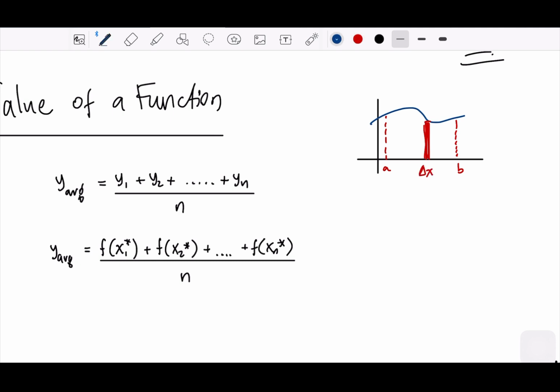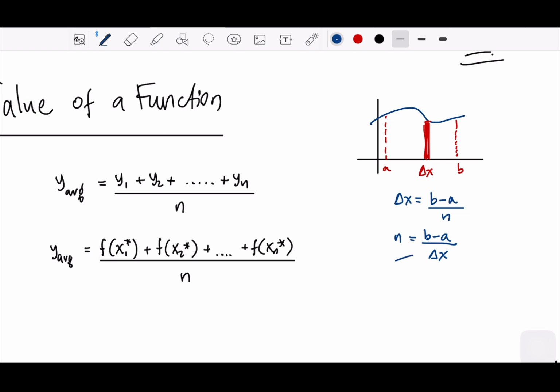Remember in the Riemann sum, the delta x is defined by b minus a divided by n. Now if we switch the n with delta x, we could write this also, right?